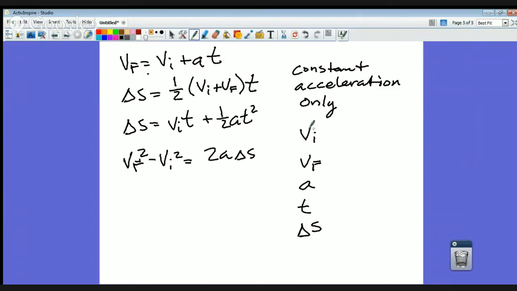If I tell you initial velocity, final velocity, and acceleration, there's an equation you can use to find time, and there's an equation you can use to find displacement. So with any 3 variables, you can always find the other 2. The trick is being able to pick them out of problems, and we've been practicing that a lot. Hopefully everybody's getting good at that, and you'll have more time to practice with it tomorrow as well.